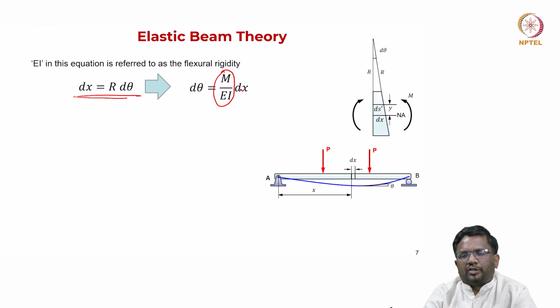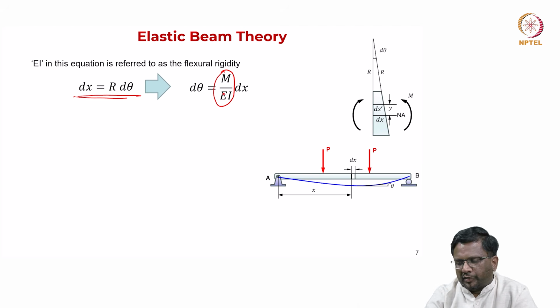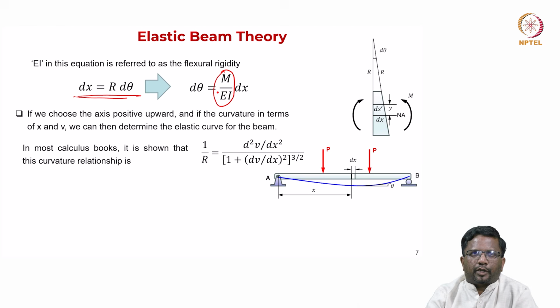This is what you must have studied in your moment area theorem also, right. So, we load the beam with a curvature diagram, which is nothing but M by EI. For an elastic system, if I is uncracked and E is remaining in the elastic regime, M by EI is nothing but your curvature diagram.